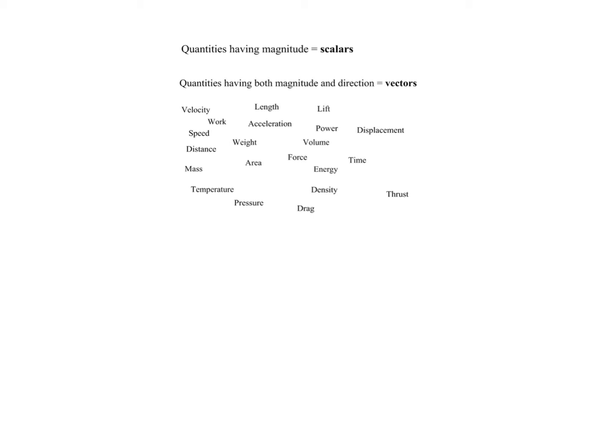So I will put the scalars in red, and we'll do the vectors in blue. If we look at scalars, quantities that only have one value in terms of magnitude or size, something like length is a scalar. Distance is scalar.